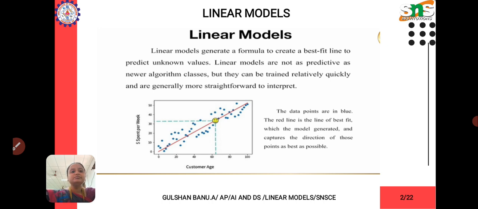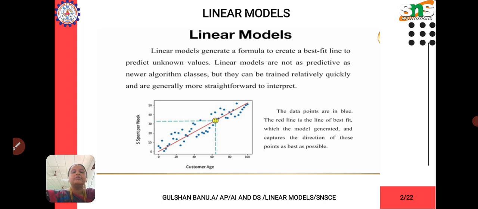Now, this linear model generates a formula by itself, and it fits the best one, predicting the unknown values. Linear models are not as predictive as newer algorithm classes, but they can train relatively quickly and can generate some straightforward results based on it.